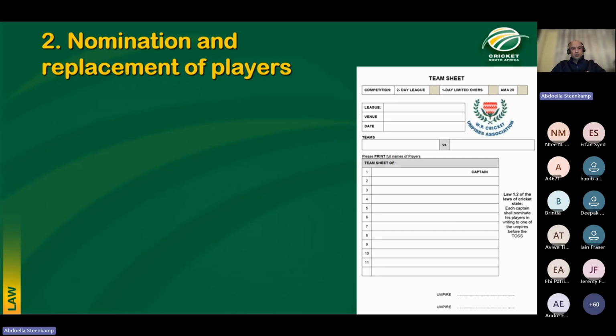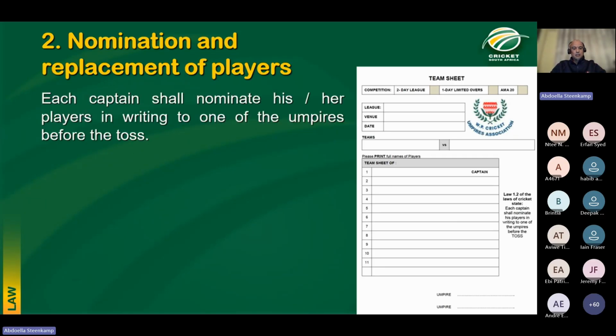In terms of the nomination and the replacement of players, the captain is to nominate his or her players in writing to one of the umpires before the toss. Preferably the captain, but the law allows for any person associated with the side to nominate the players, like the coach.